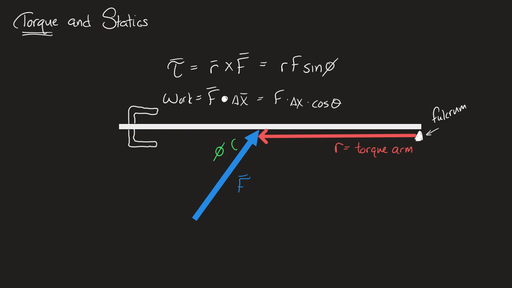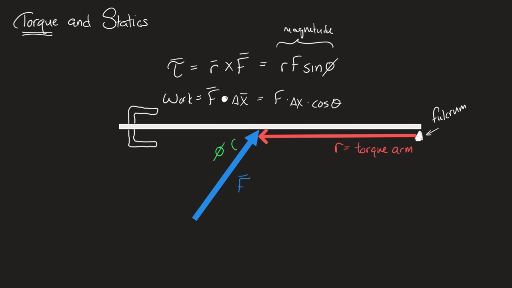Yeah, that's how we calculate torque. Now, these represent the magnitudes, but not the direction. Now, work had no direction, but torque has direction. We're going to have to handle that.